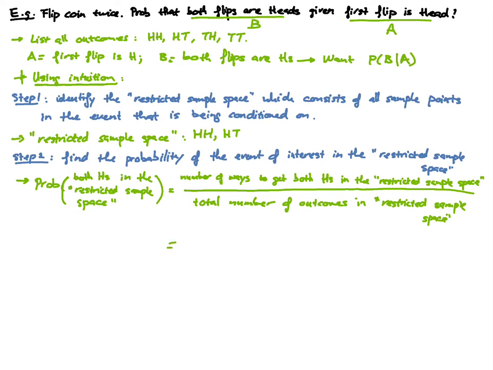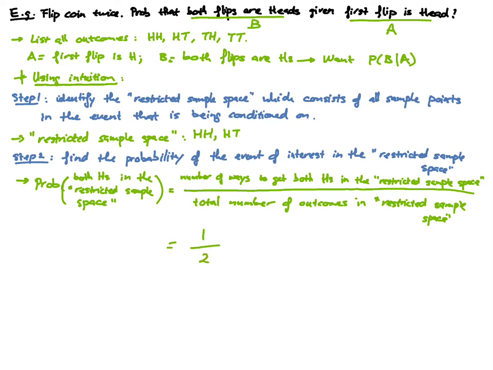So what is our numerator? The numerator is the number of ways we can get both heads in the restricted sample space. In the restricted sample space, we have two outcomes, head-head and head-tail. How many ways can we get both heads? It's only one way, right? And the total number of outcomes in the restricted sample space in this case is 2. So we have a probability of 1/2.